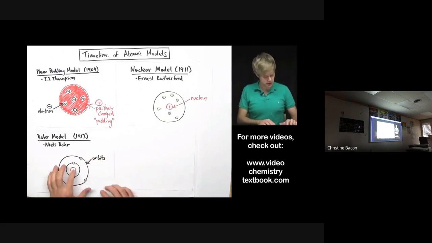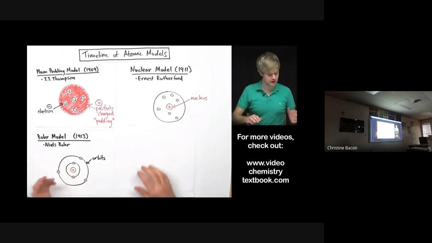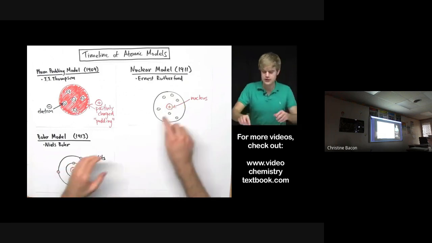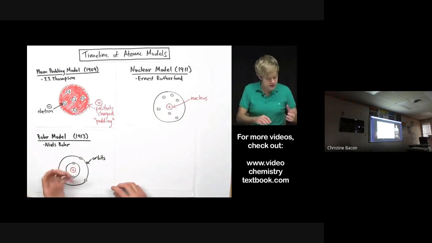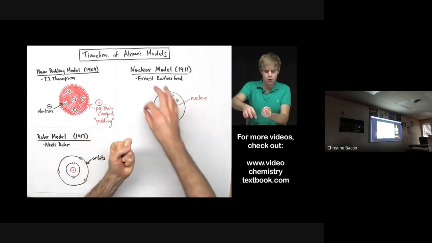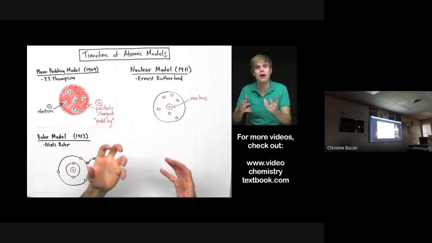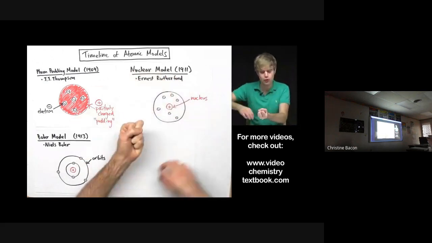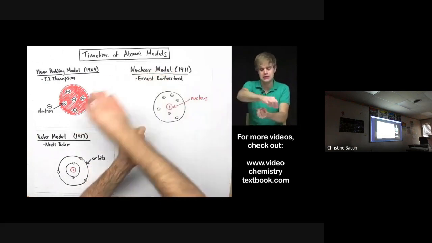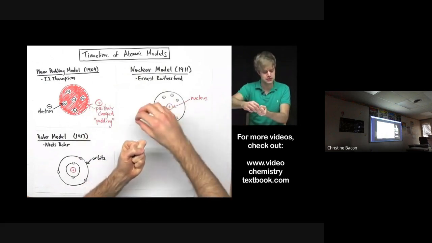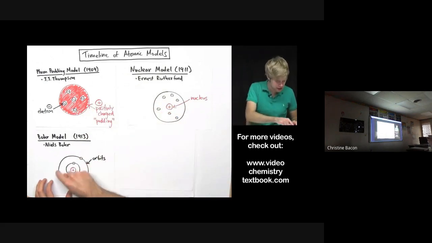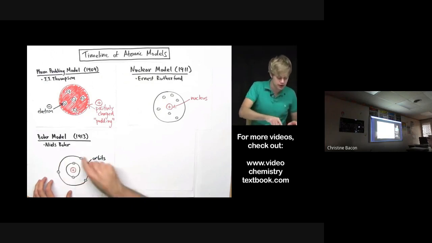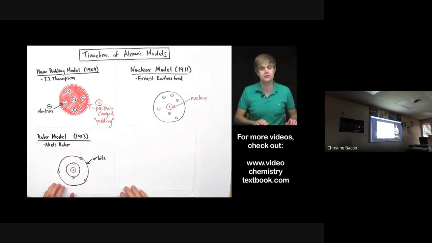He reasoned that there was a nucleus in the middle, just like Rutherford had, but that electrons, instead of just sort of being randomly distributed throughout the atom, Bohr said that the electrons were sort of like planets around a sun, that they were spinning around the nucleus in circular orbits. So here are a picture of some of the electrons, and here are the orbits. Imagine that they're spinning around the nucleus in these circles.